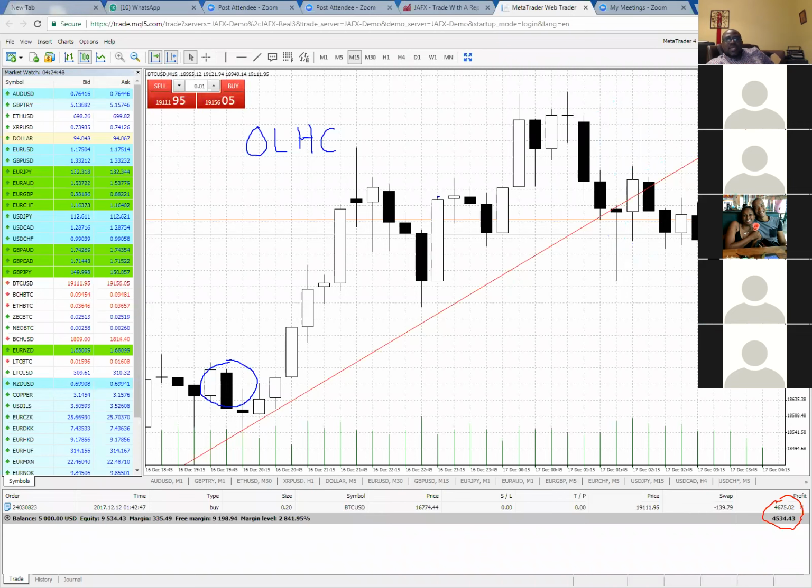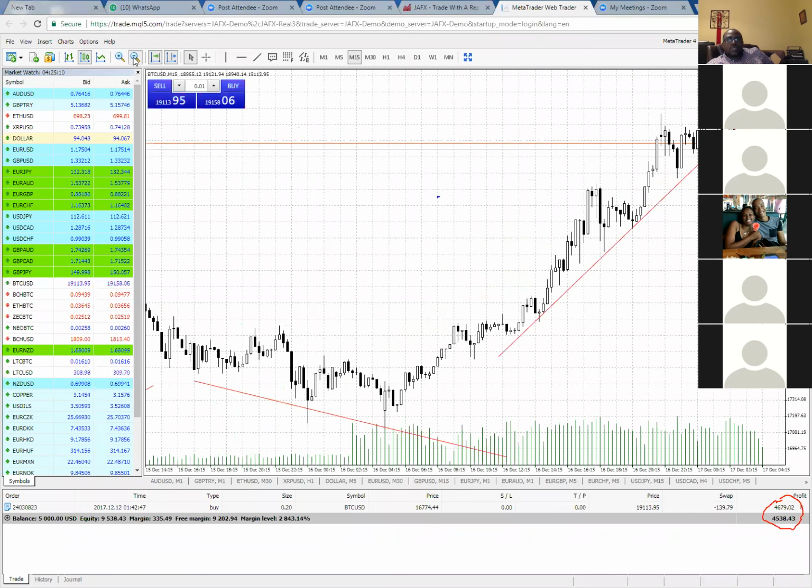I must tell you that I woke up this morning and I grabbed my phone. I looked at the Bitcoin chart. I was heading out to work and I noticed that there was finally some confirmation of a trend reversal. I'm going to show you that here in a second.